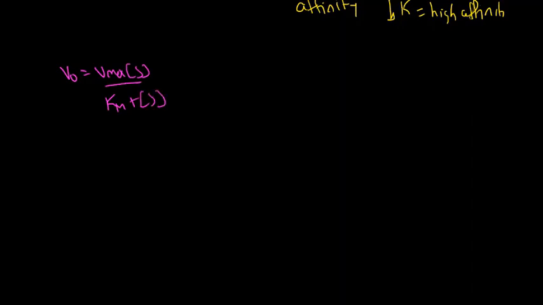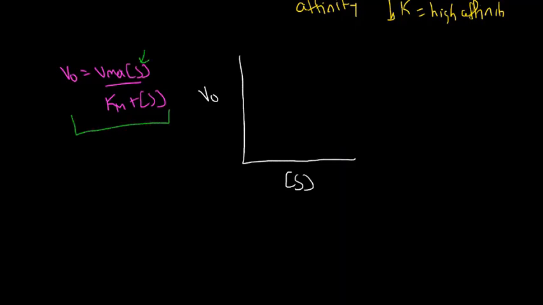So experimentally, what we would do is vary the concentration of substrate and measure initial velocities. Based on this equation, as the concentration of substrate increases, we should expect to see an increase in our initial velocity. And that's exactly what we see. As the substrate concentration increases, so does the velocity of the reaction.